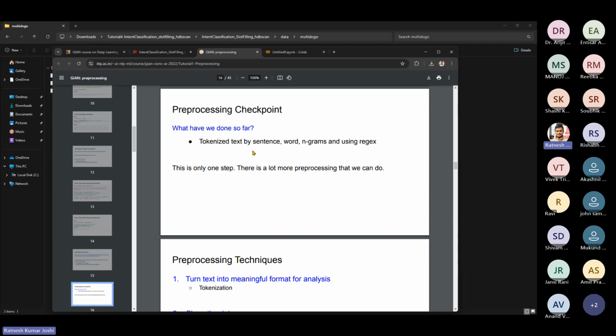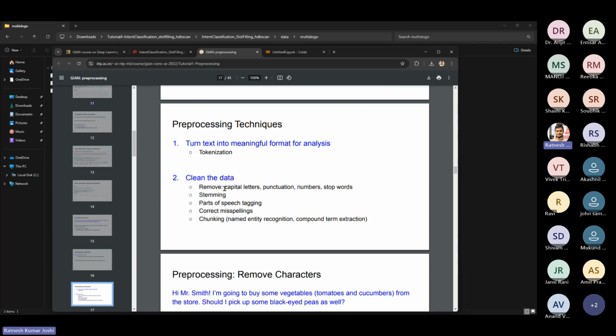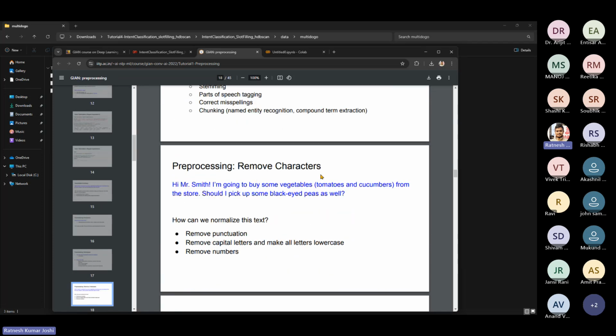Right, so we are done with tokenization, and the second idea is removing characters. What kind of characters do we want to remove? The characters that do not hold any specific value. Rudimentally, you can say that all characters hold some value, even a full stop has some meaning.